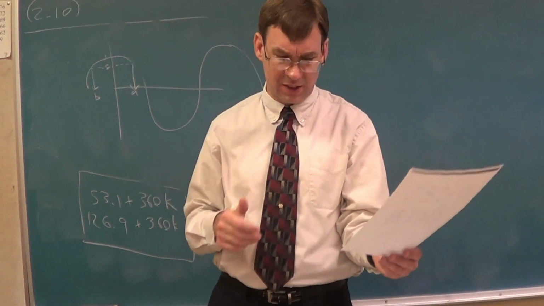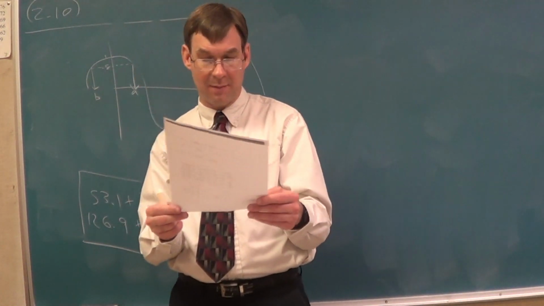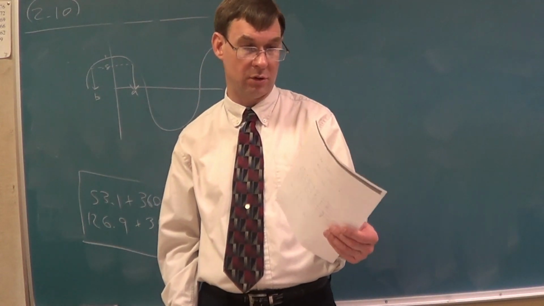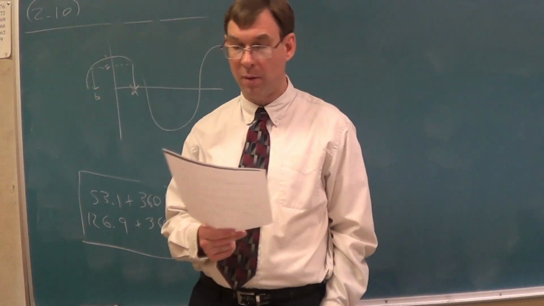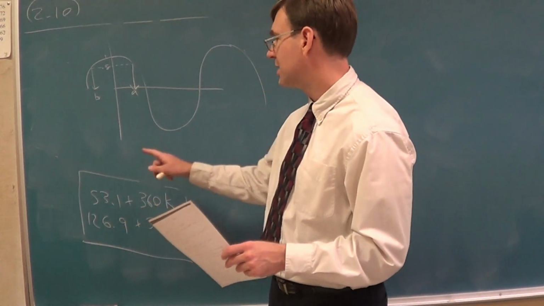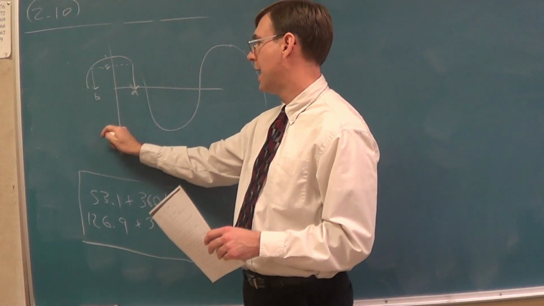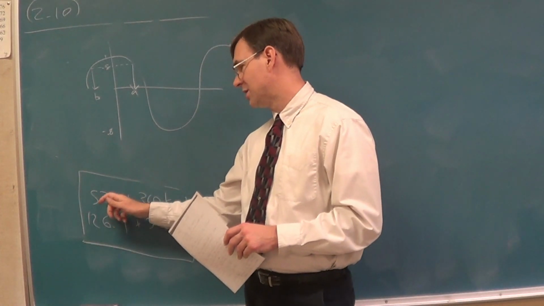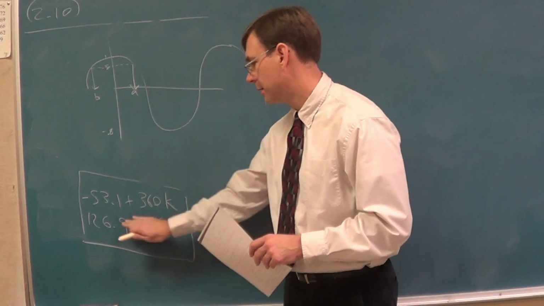Okay, tidbits. If you have a problem that ever sneaks in a negative, we're going to need to make an adjustment to the principal values before we write a general solution. So, to the back. If I take the sine problem that I just did with you, and I sneak the negative into the problem, if I change that positive 0.8 to a negative 0.8, the impact is it would change your 53 to a negative 53.